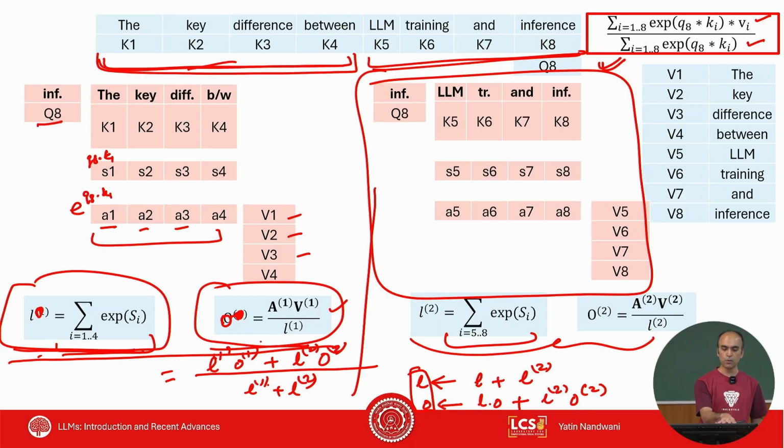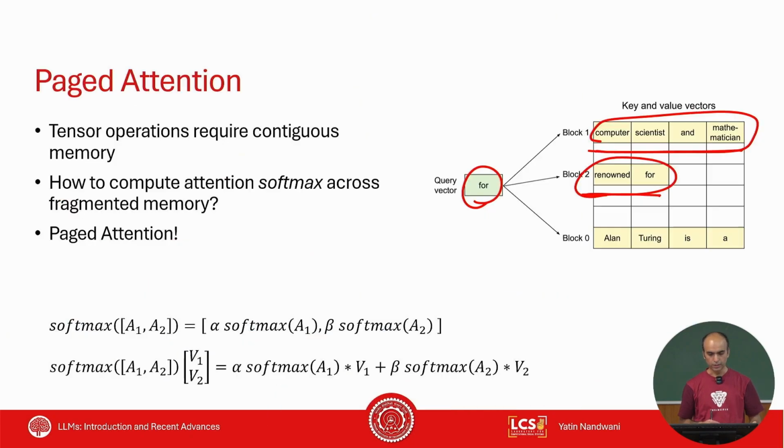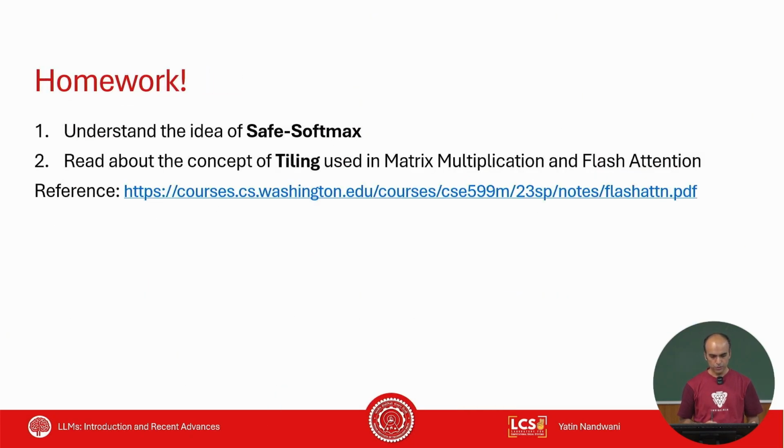Load one K and V block in the pink memory, which is fast memory. Keep it there. Compute in parallel for all the queries, and write in their corresponding L's and O's. Load the second block of K and V. Compute it in parallel for all queries and update the respective memory in HBM. Right? Okay. So yes.